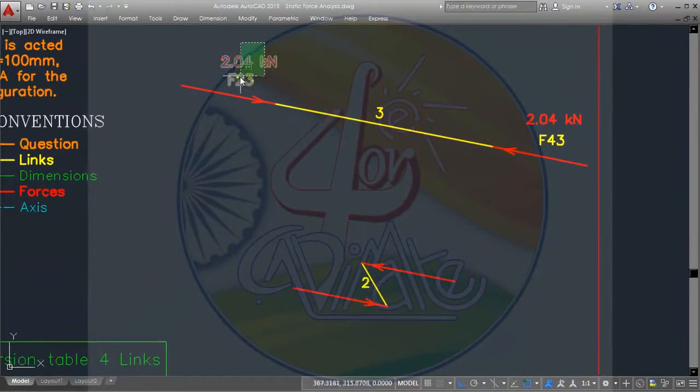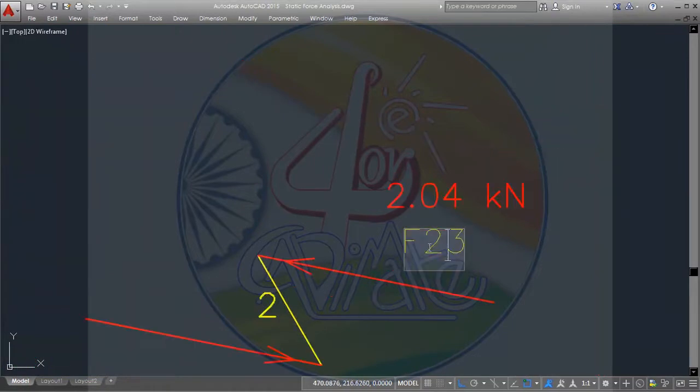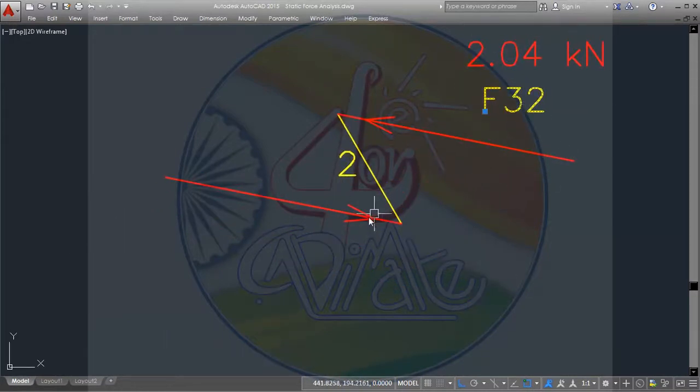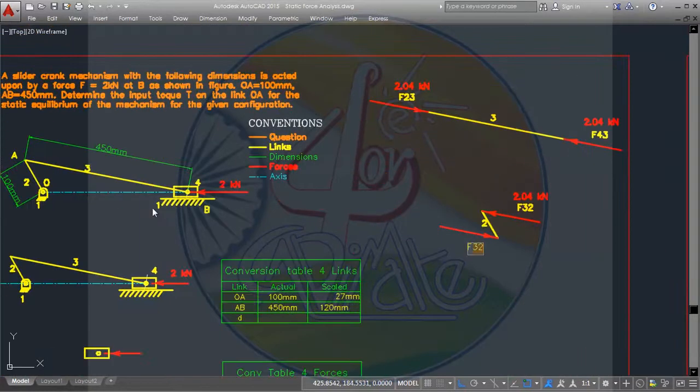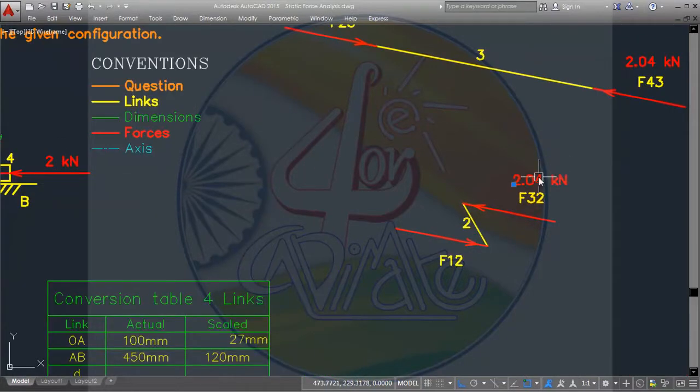So what is this force? This is the force of link 3 on 2. Fine. And what about this? This is the force of link 1 on 2. Its value will also be again the same.